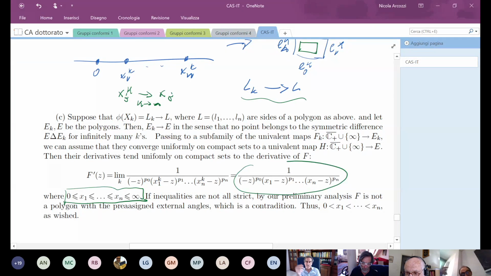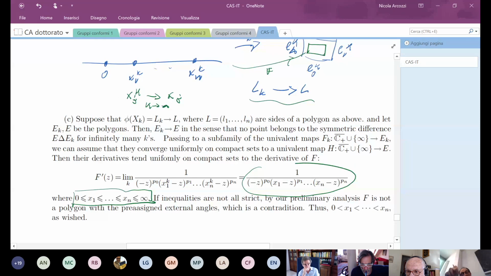But using normal family arguments, we also know that the map F is the conformal map onto this picture here. Now, if two of these points clashed together, they just glued together, well, then we know that F, having this derivative with x1 equal to x2, let's say, cannot map to a polygon with n plus 2 sides, because of that analysis we made at the very beginning, right? So they didn't clash.